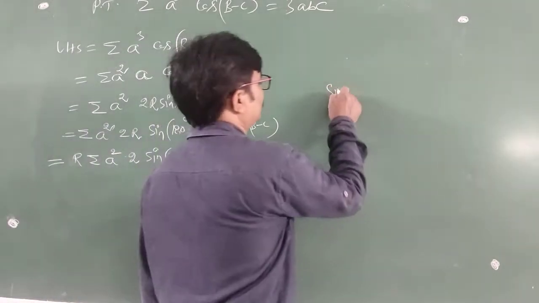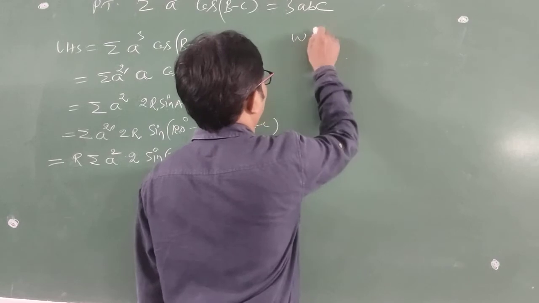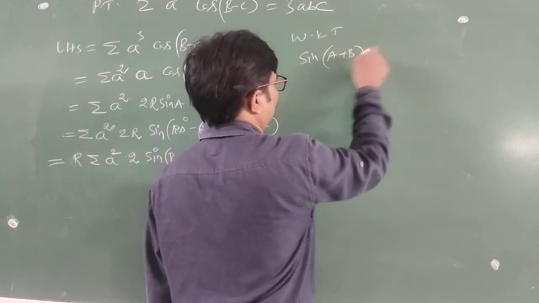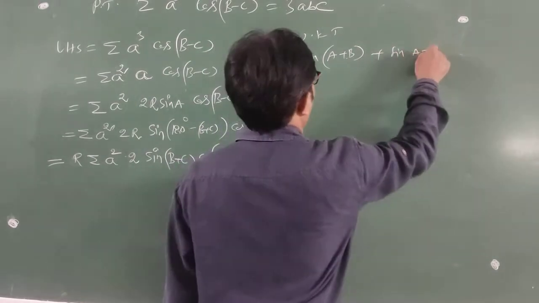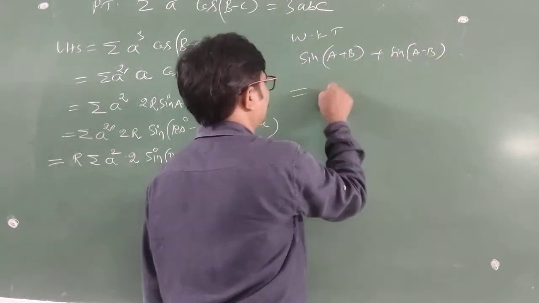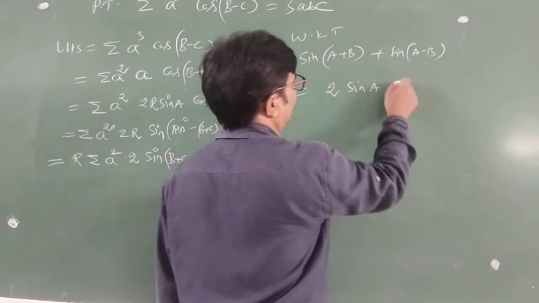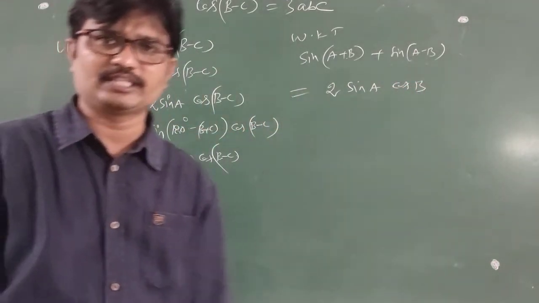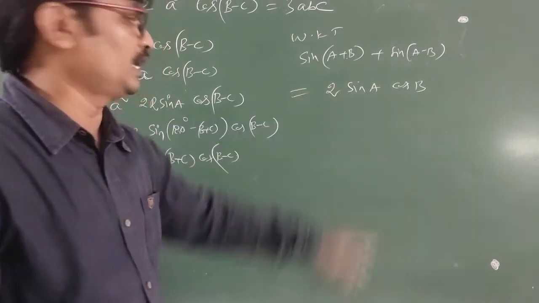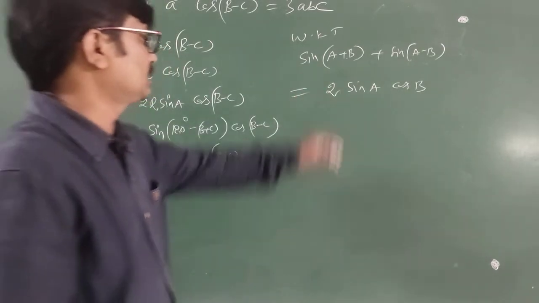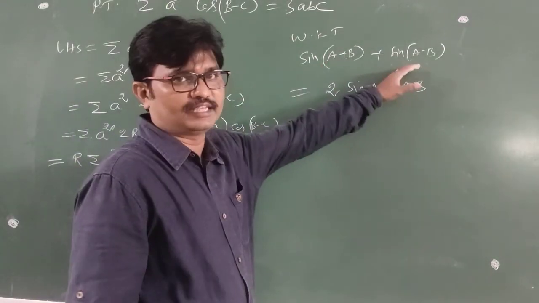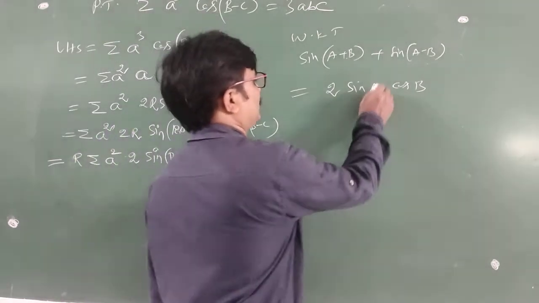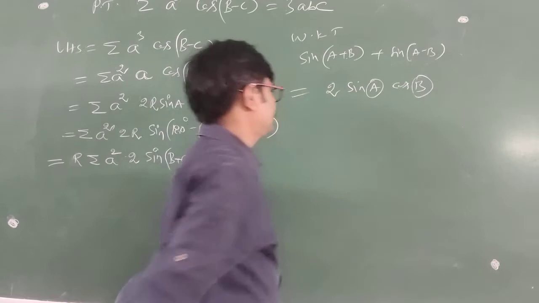Everybody knows that sin of (A plus B) plus sin of (A minus B), what is this? It is 2 sin A cos B. Sin(A plus B) plus sin(A minus B) is 2 sin A cos B. Now students, first comes sin, the next is cos.